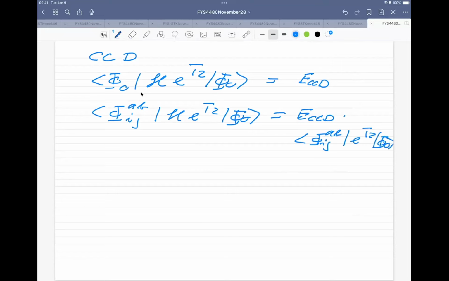When we wrote that one out, we got an equation equal to E_CCD times the unknown amplitudes. Then we would shuffle that to the other side, and we could write something in terms of the so-called correlation energy.